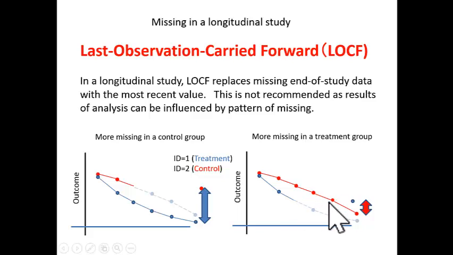Okay, and now you are seeing harm by treatment, assuming a lower value reflects a better outcome. Okay. So therefore, with the last observation carried forward method, the results are not really robust, and the results of analysis are influenced by the pattern of missing, whether you have more missing patients in the control group or more in the treatment group. Okay, and instead, a better analytical method is to use repeated measures analysis, such as a mixed effect model.